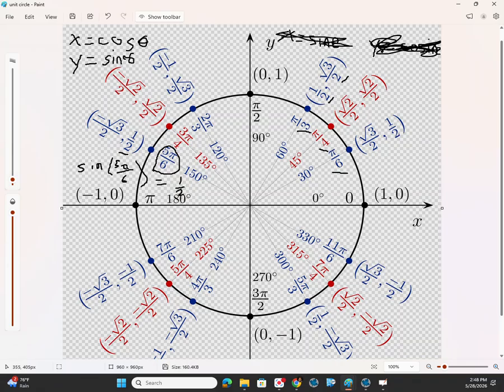Now, that is going to represent a problem for us. Why does that represent a problem? Because sine of pi over 6 equals 1/2.